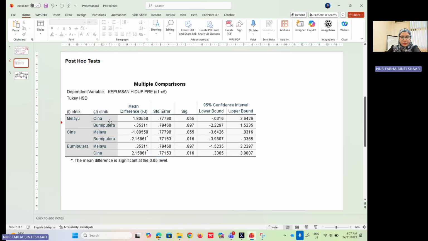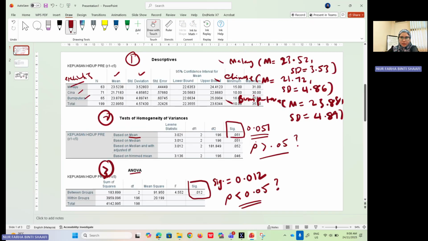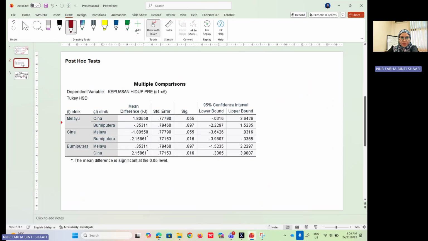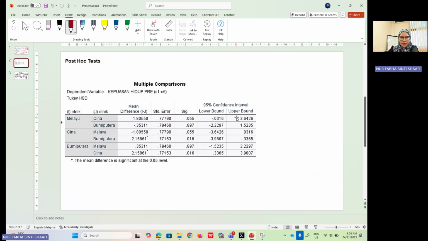Now you have this post hoc test, and remember just now, if your significant value, at the bottom one, is less than 0.05, meaning your null hypothesis is rejected, isn't it? Rejected. And then you carry out the post hoc test and you have this output.